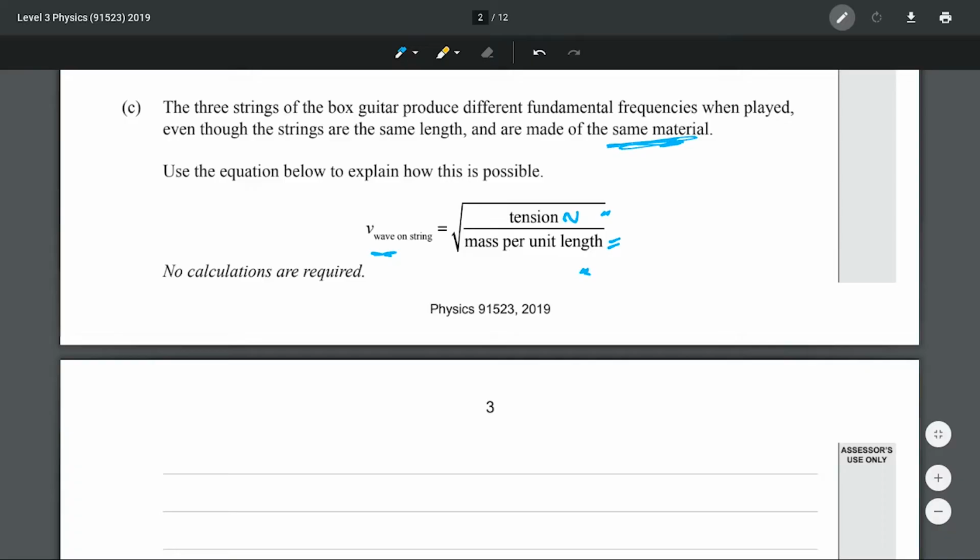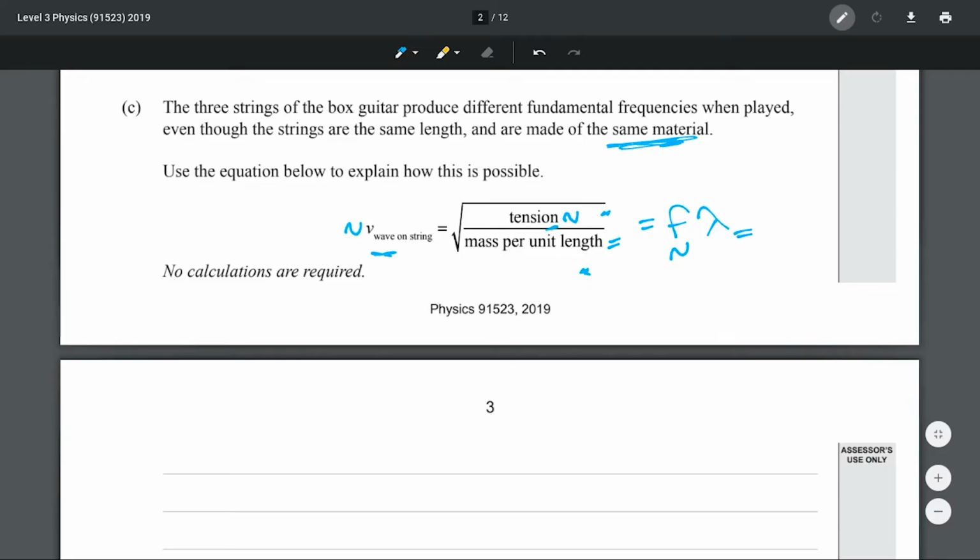The tension is changed to produce a changing velocity, and a changing velocity, given that velocity is equal to frequency times wavelength, the wavelength doesn't change because the length of the strings are the same, so that means our frequency must change.